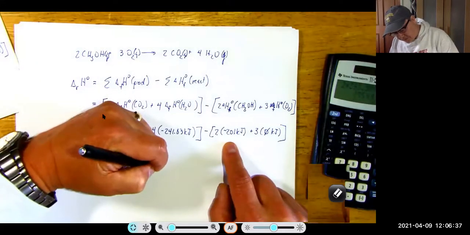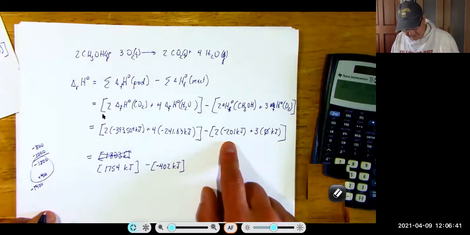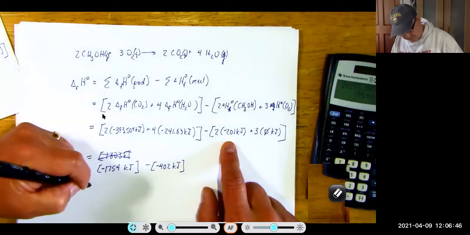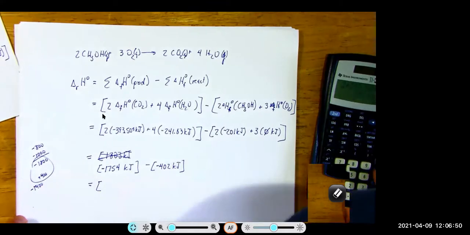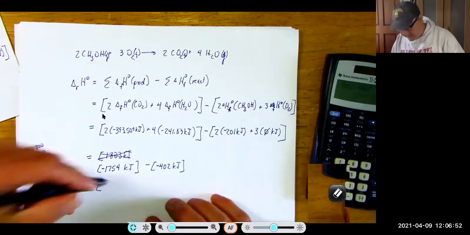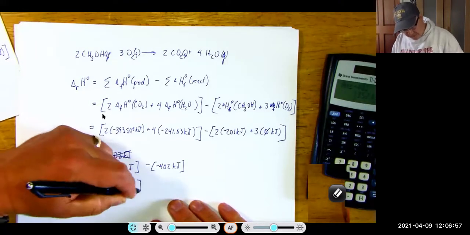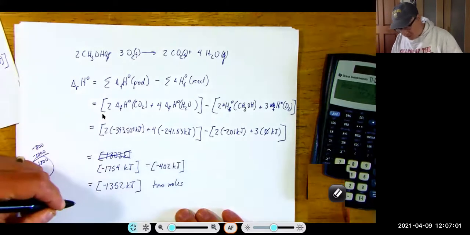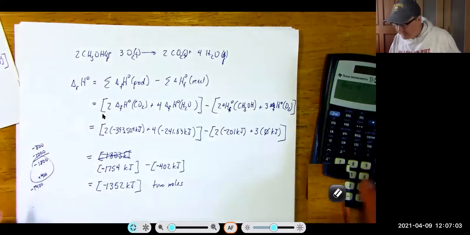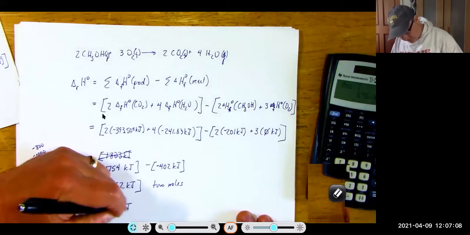Negative 402 kilojoules. Did I do that right? Yeah, I think so. So minus 402. So when I total these, I get 1,352 kilojoules negative. And that's for 2 moles. So if I divide that by 2, we come out to 676 kilojoules per mole.